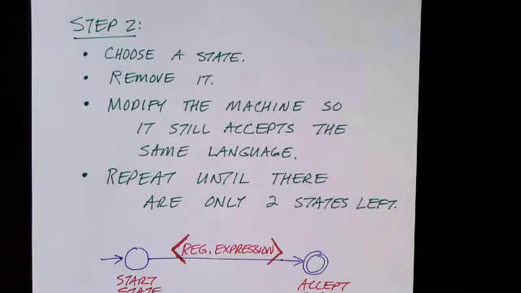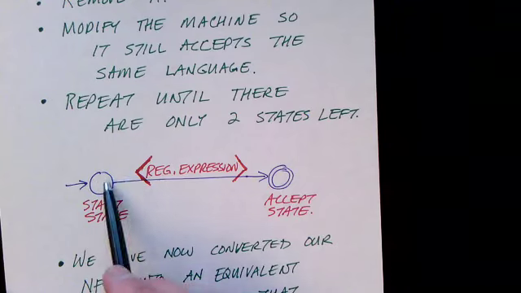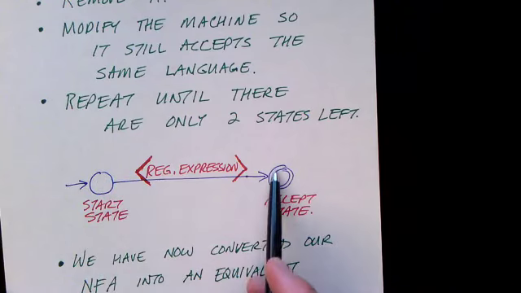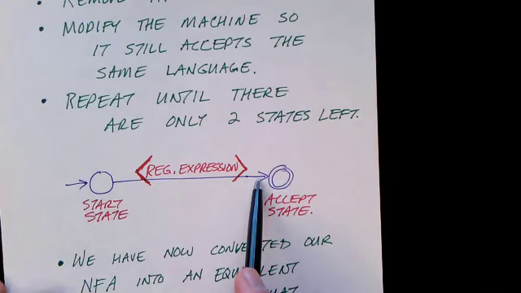After we simplify, we'll end up with the following generalized non-deterministic finite automaton. It's got a single starting state, a single accepting state, and a single transition. And it will be labeled, after the simplification, with a regular expression. This will be the regular expression that we're looking for that describes our regular language.